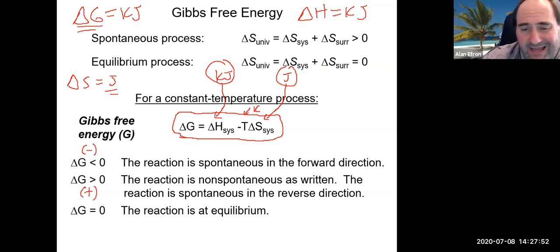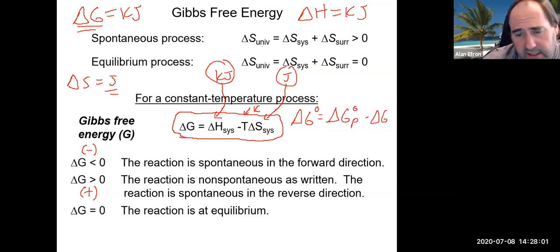And that is because another way that you can calculate delta G is to take the delta G of the products minus the delta G of the reactants, as we will see. And those would be table values you would find. Those are G's. They kind of look like 6s, but they're actually G's.